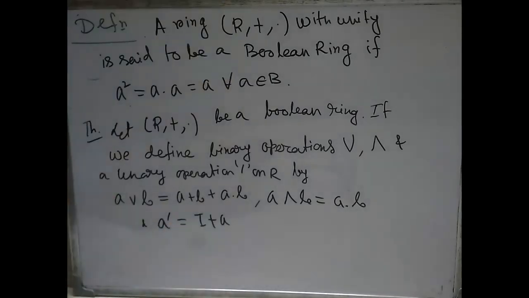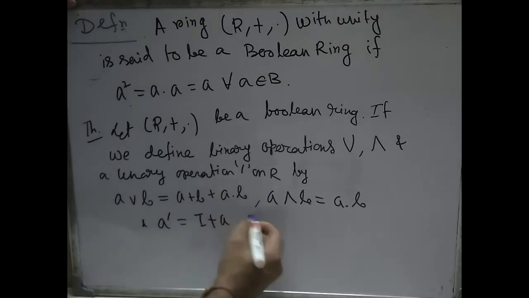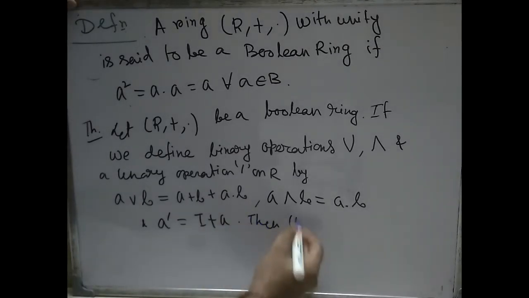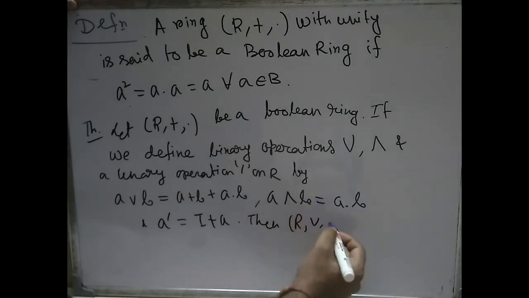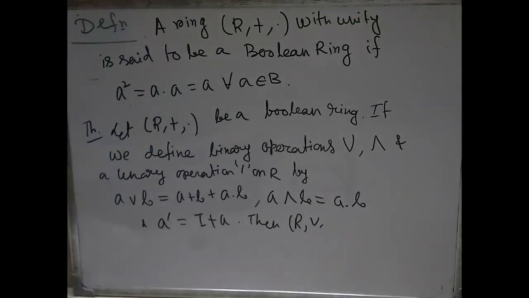So this is our identity, our unity in the ring, and this is our element of the ring, and this is the old plus, that means the binary operation on our ring. Okay, so then R forms a Boolean algebra with respect to the newly defined operations.